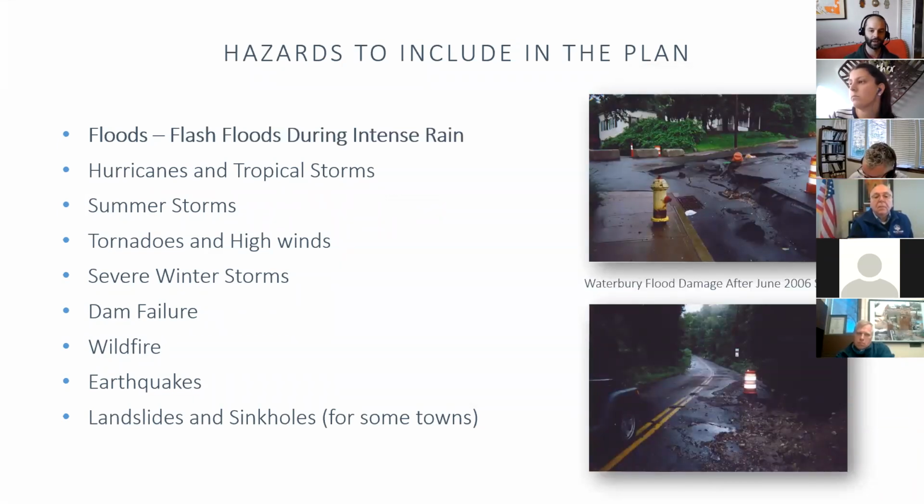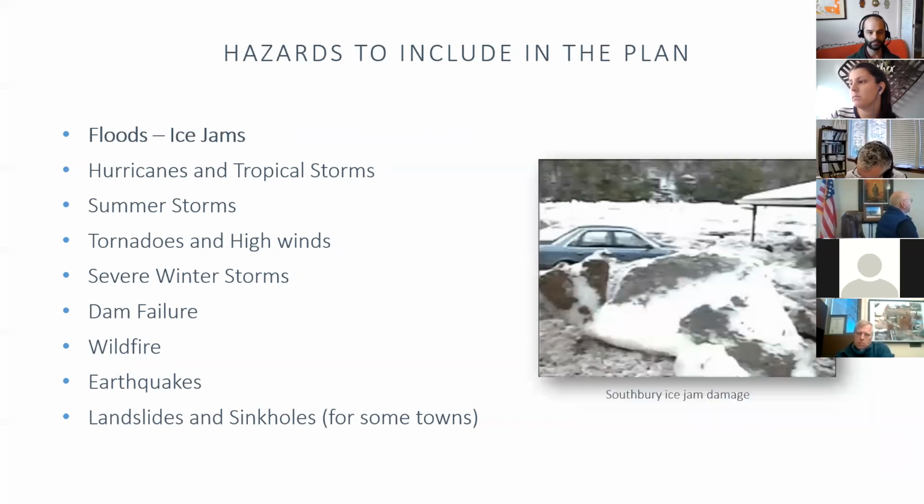Then there's flash flooding in urban areas, often related to undersized drainage or intense rainstorms that overwhelm the existing drainage systems. Those can cause minor flooding that blocks roads, but also more severe flooding that can actually damage roads, as we see in these pictures from Waterbury.